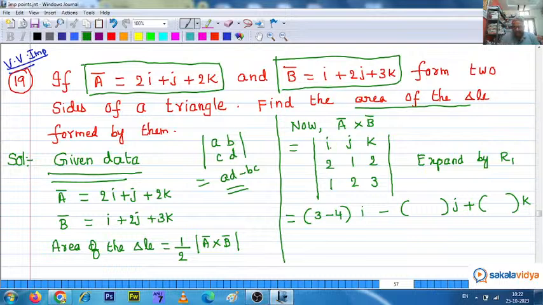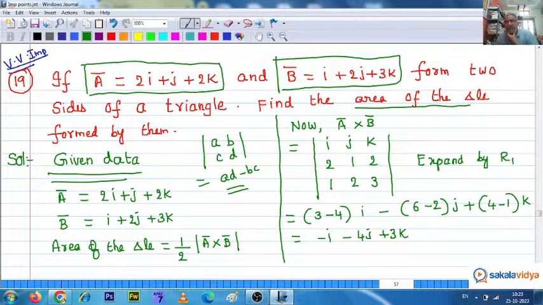Deleting this row and this column, 2, 2, 1, 3: 6 minus 2. Now, deleting this column and this row, 2, 1, 1, 2: 4 minus 1. So, negative i, negative 4j plus 3k. So, this is actually A cross B.